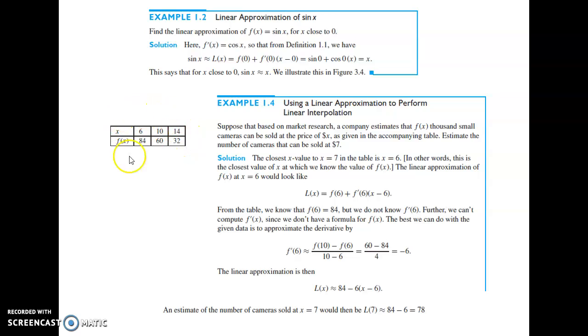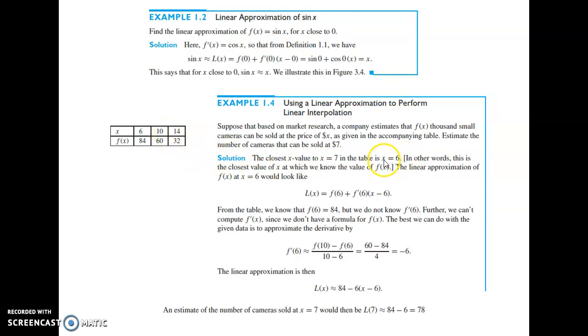So here x naught is not given, so you have to choose x naught. There are three values of x here: 6, 10 and 14. So choose the closest to 7, which is what you are asked to find. So the closest x value to x equal to 7 is 6. So this 6 is x naught.